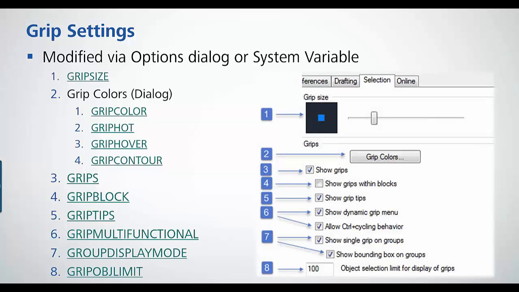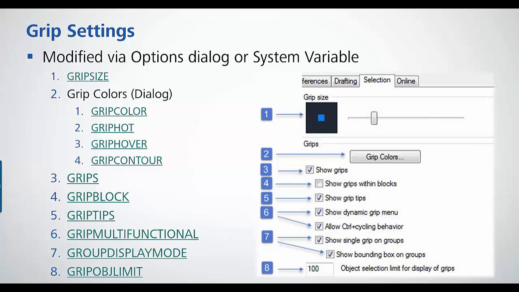Okay, grip hot is the red grip we saw. Grip hover is the orange or color 11 grip that we saw. There's one additional color. It's called grip contour, and this basically allows you to change the color of the outline of the grip. So let's say you change it to yellow and you want a black outline to distinguish it. You may want to do that. You have that control.